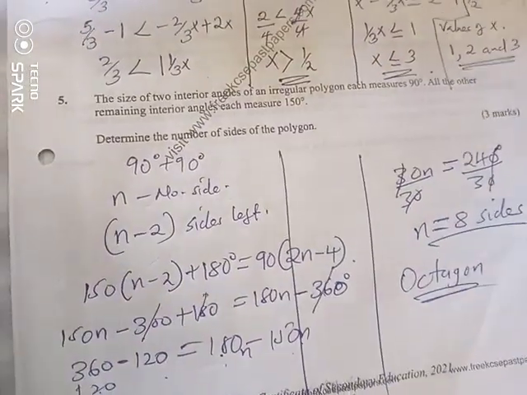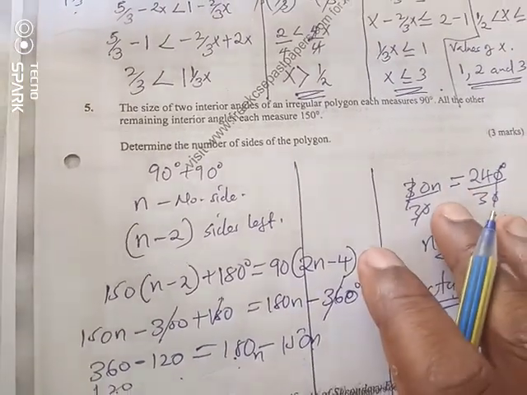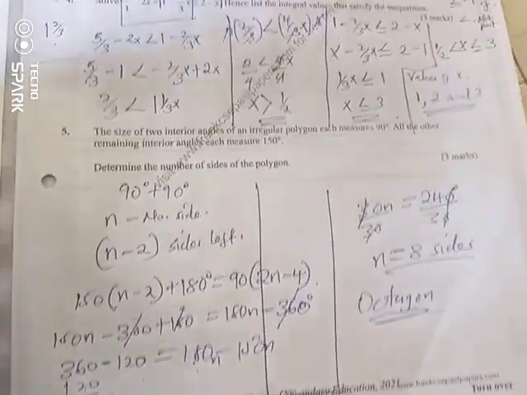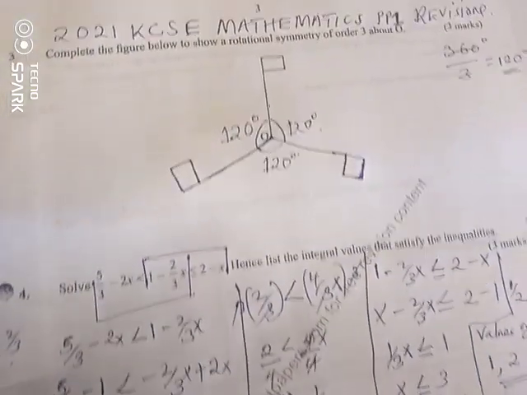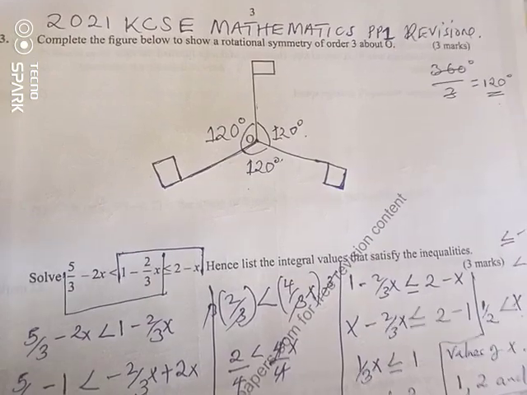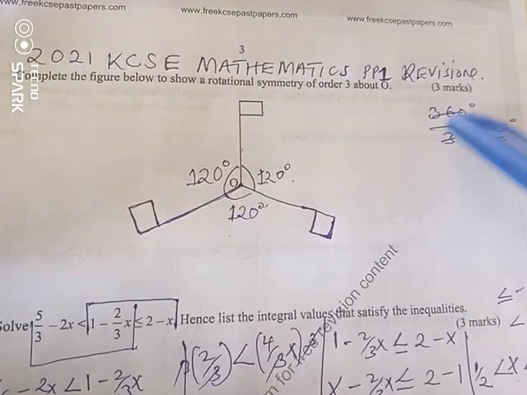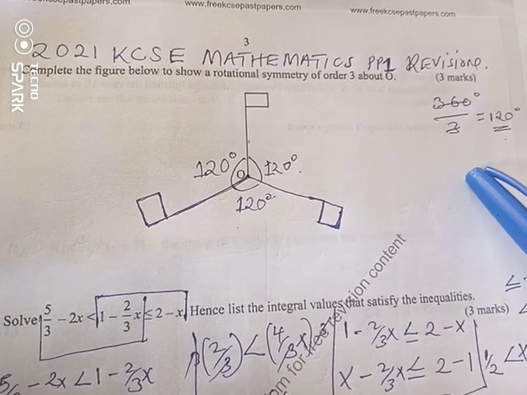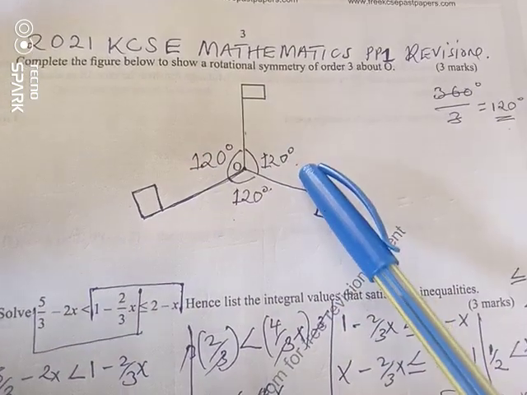Like I always say, when you follow your teacher keenly, you can never get lost, and nothing is too difficult, guys. You can just follow through and be able to understand. Very briefly, in 1 second, I said divide 360 by the order of rotation of symmetry. Then measure the 120, draw the diagram.